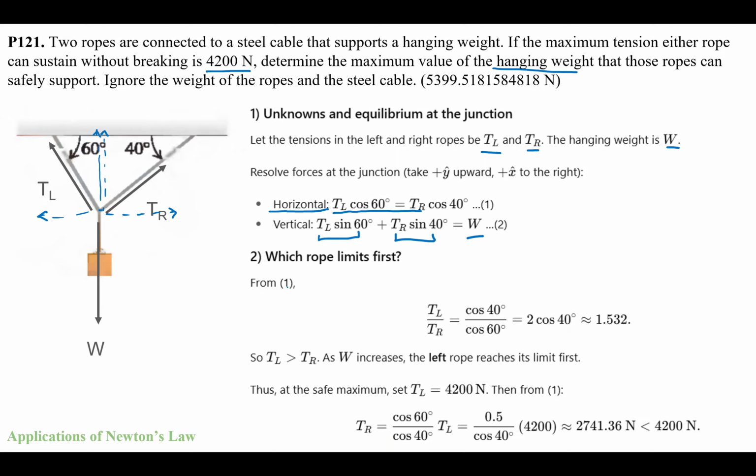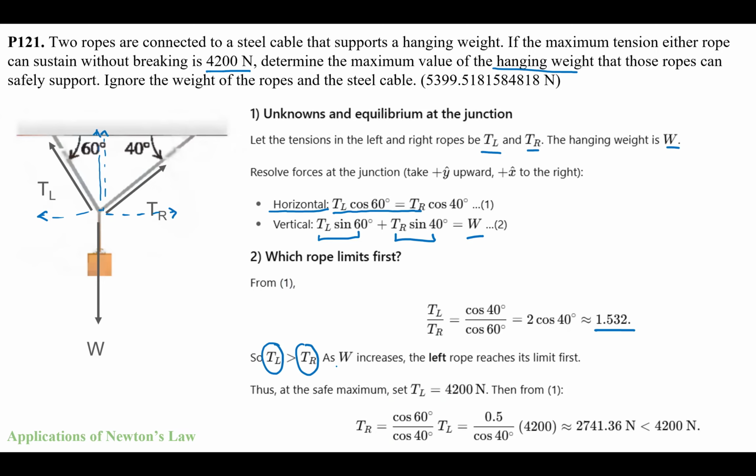And then we need to find out which rope limits first. From equation 1, we get this one: TL over TR is going to be this. That means the tension on the left-hand side is larger than on the right-hand side.